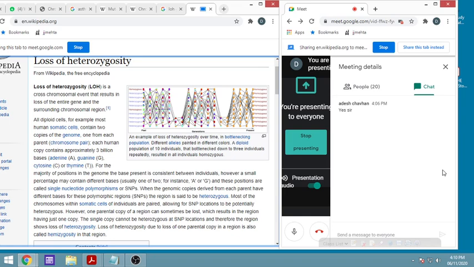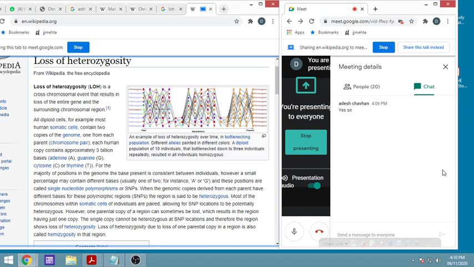Why was it heterozygous? Because there were two copies, meaning there were two different sequences. The mother's copy of the genetic material had one sequence, and the father had a different sequence.